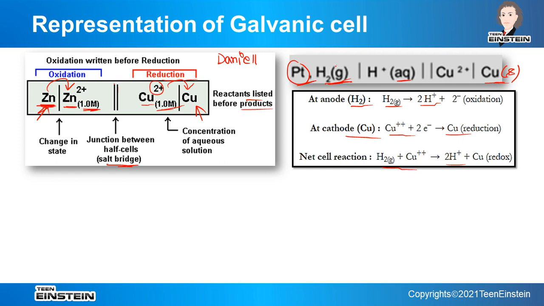So in that case, pressure of hydrogen will be important. Okay. So here there is no metal on the left hand side, but there is gas. H plus is produced from H2. So here H2 is actually the reducing agent and copper is the oxidizing agent.